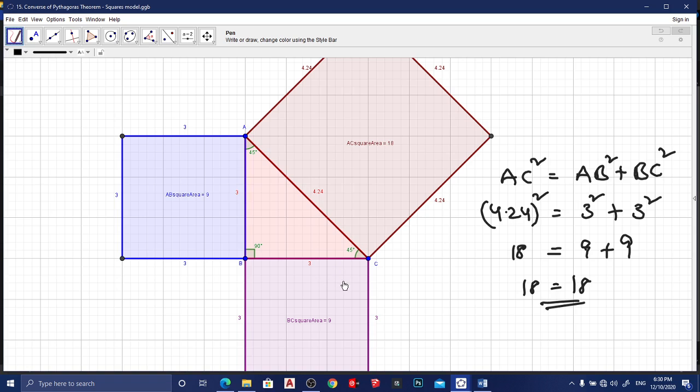If 3 sides are given, by applying this property, we can tell whether the 3 sides belong to a right angle triangle or not. This is the use of the converse theorem of the Pythagoras theorem.